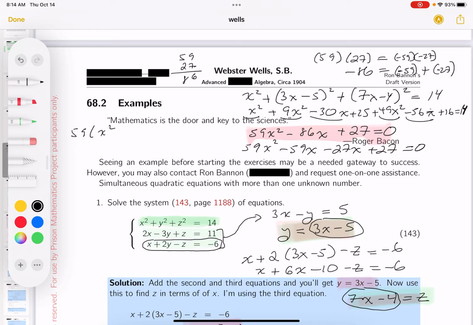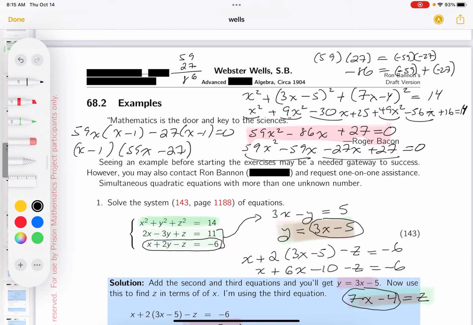I'm using the AC rule, by the way. I'm sorry, I made a mistake already. I got to erase this. It's 59x. Sorry about that. Factor out minus 27 from the next two terms. So I'm factoring by grouping. That would give me x minus 1. This factors to x minus 1 times 59x minus 27.